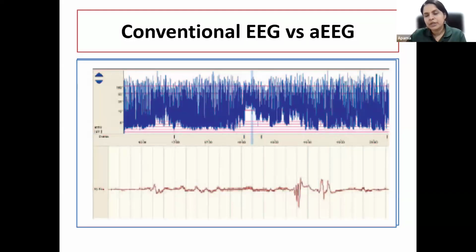Now, how does the amplitude integrated EEG differ? This is an electroencephalogram which is derived in a semi-logarithmic sort of scale. So it starts from 5 and then 20, 25, and then the scale rapidly increases. It converts the traditional EEG, from the negative and positive deflections, entirely into the positive deflection. So it's called a rectified graph.